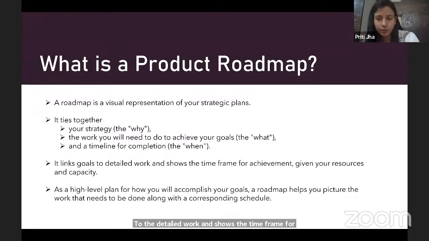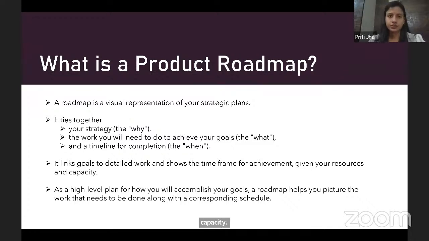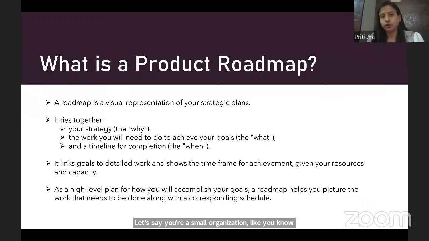But the last part here, which is very important when you're working as a product manager in a real-world scenario, is that you would always have to have your resources and your capacity in mind. When I say resources and capacity, let's say you're a small organization, or a bootstrap organization.